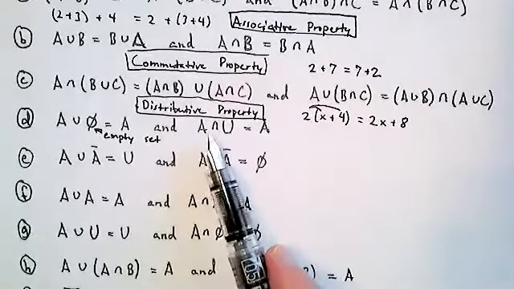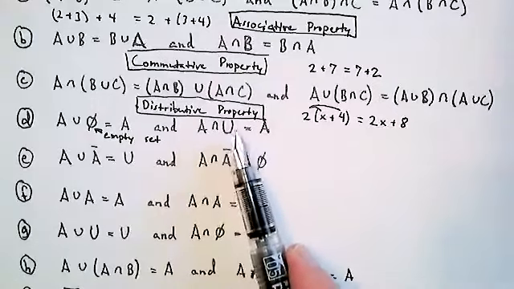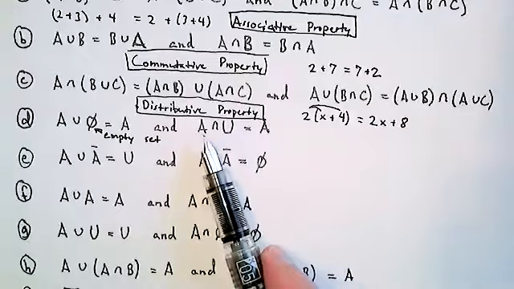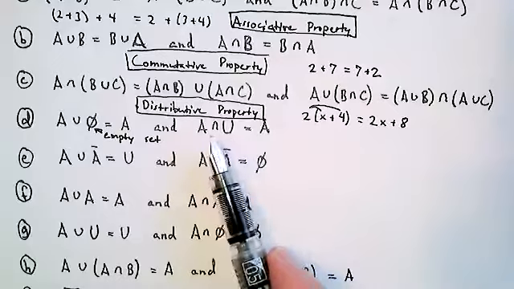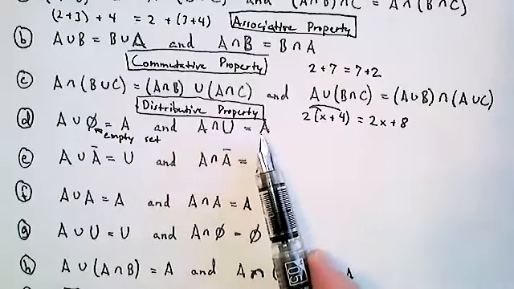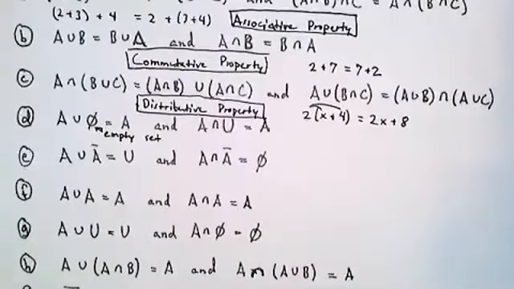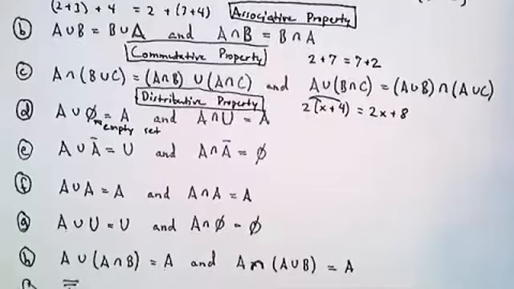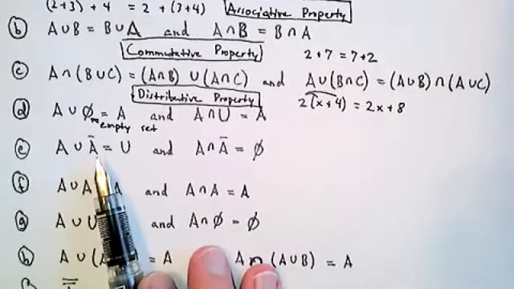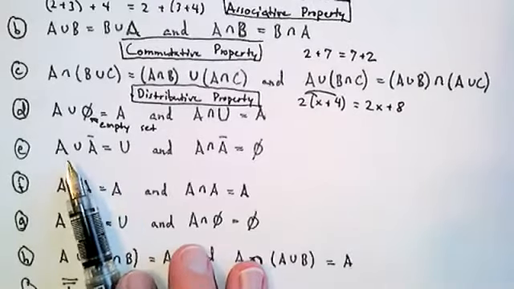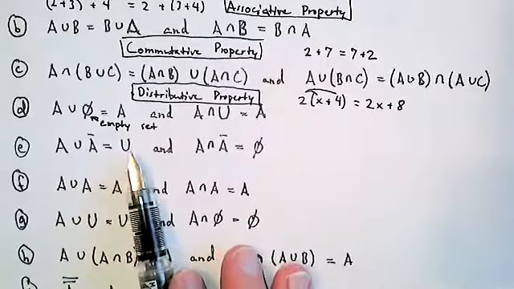So here we have A intersected with the universal set. So the universal set has everything in it, and we're trying to see what's in A and the universal set, and that's all of A. And part E, we want to combine A with everything not in A. So if you have a set plus everything not in the set, well, you get the whole universe.